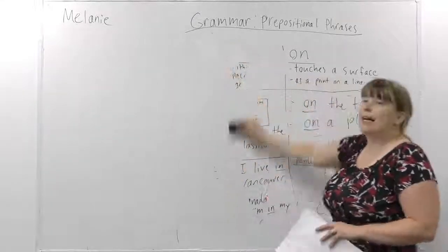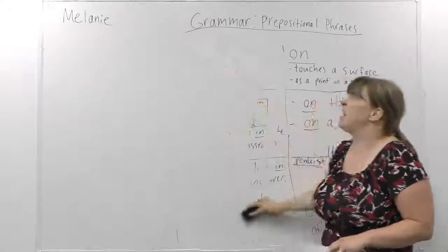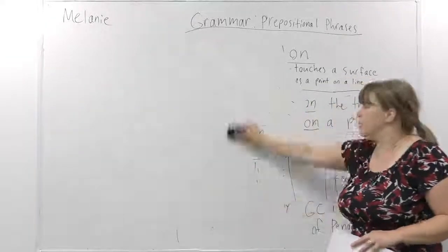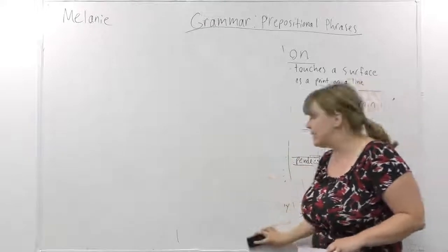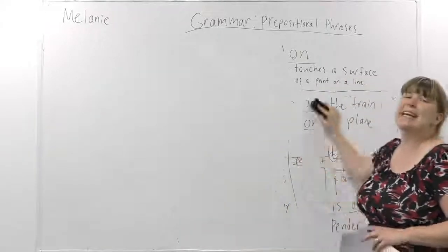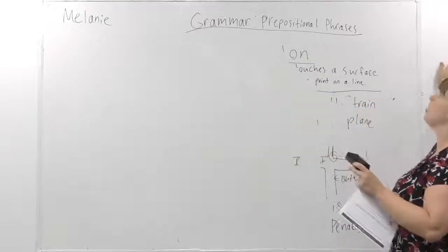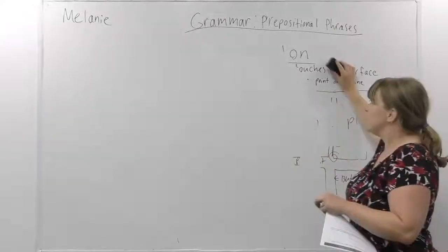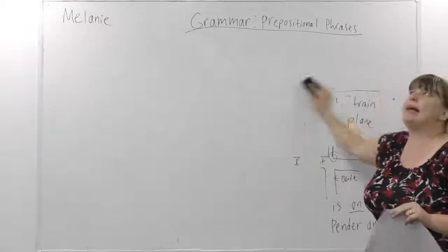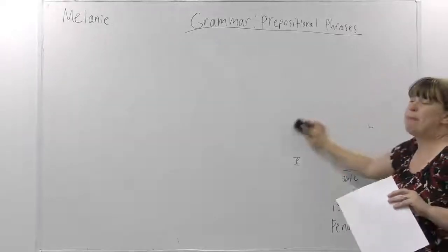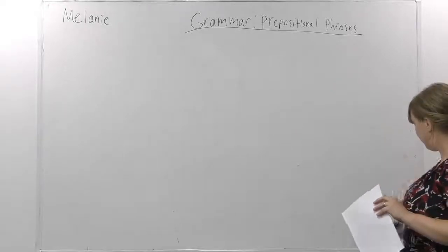So when you're describing where things are in your house, if you're talking about a bedroom, if you're talking about a room, for example, if you have a bed, you're going to say, I have a bed in my room. But if you're talking about things that are like on the wall or on the ceiling, you're often going to say, I have a big fan on my ceiling. I have many posters on my wall.